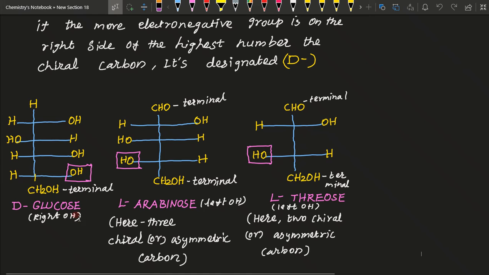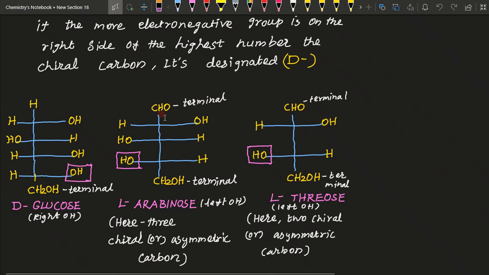OH is first. This is L-arabinose, with the OH on the left. This OH goes to the left. There is no terminal carbon, so we give OH for this one.